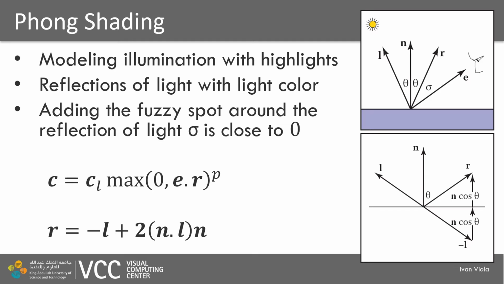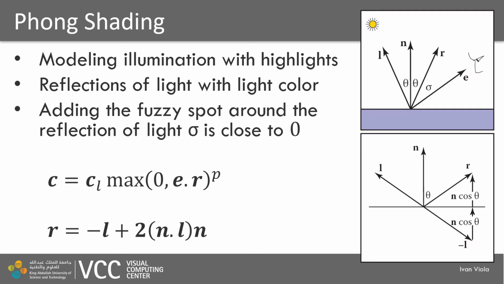And for this, the diffuse shading is simply not a sufficient illumination model. We would need to add some more components to it so that we can model these additional highlights, which are often the case on the materials around us.